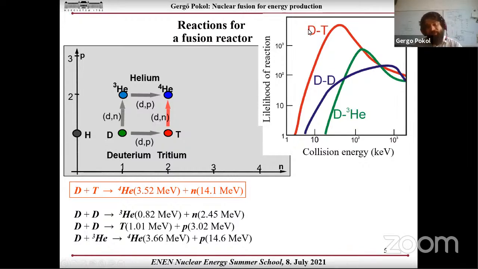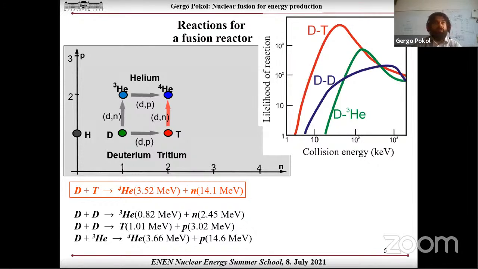We have a bit of a problem with tritium. And the problem with tritium is that 2 neutrons are just a bit too much for a single proton. So it's radioactive. It decays with beta decay to helium-3, and the half-life is about 12.5 years, which is not terribly bad.